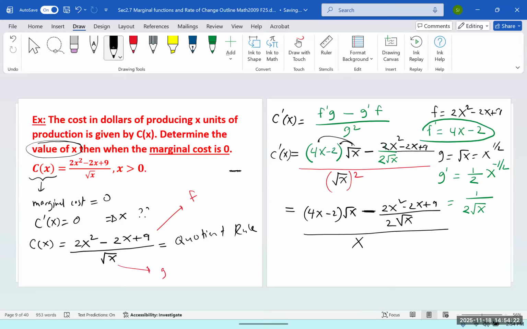Now, this looks really bad. But it's not too bad if you look for the same denominator. In order to combine them, we want the same denominator below the first numerator as we have on the second. So we need to multiply this by 2 square root of x.